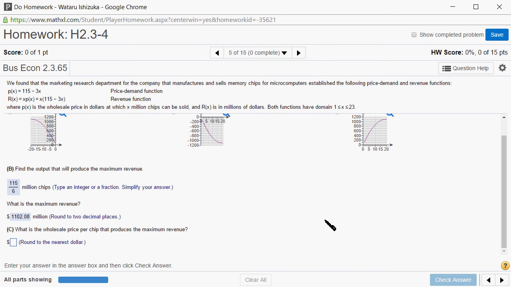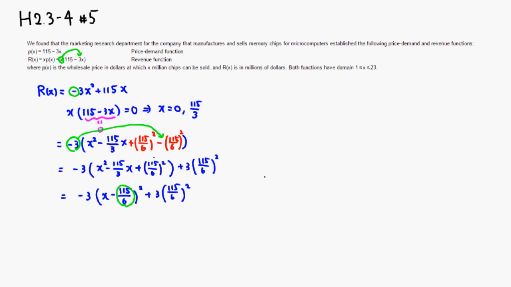Last one: what is the wholesale price per chip that produces maximum revenue? The price demand function is P, and we just have to plug in 115 over 6. So this is going to be 115 minus 3 times 115 over 6. We can cancel the 3 and the 6, and there's a 2 left over.